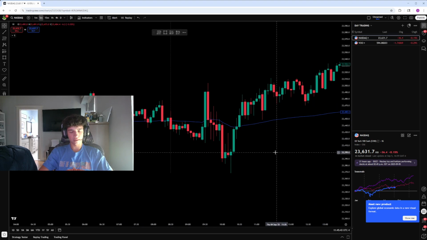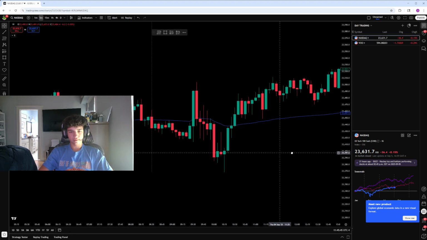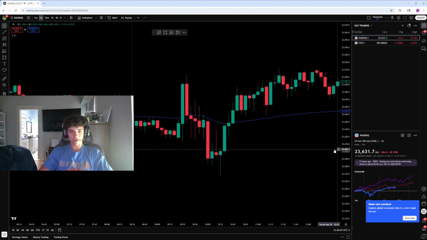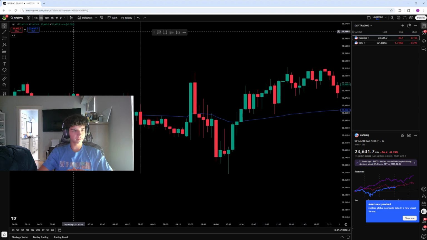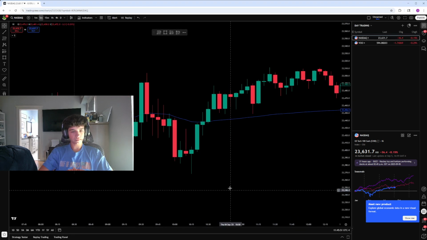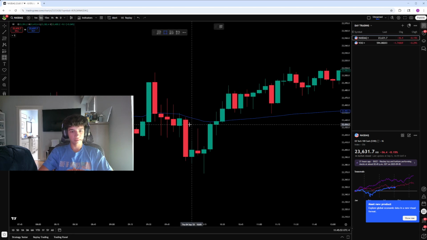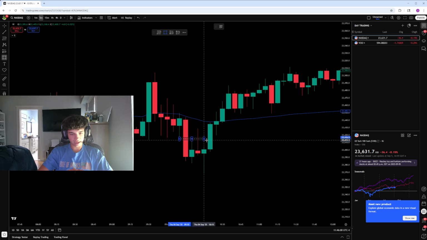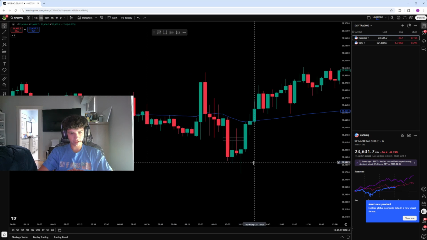Okay. So yeah, there's a fair value gap right here. I don't know if you guys can see it, but it's actually pretty small. Fair value gaps can be super tiny. You see we have a big move down here, and it creates a gap. This right here is your fair value gap.